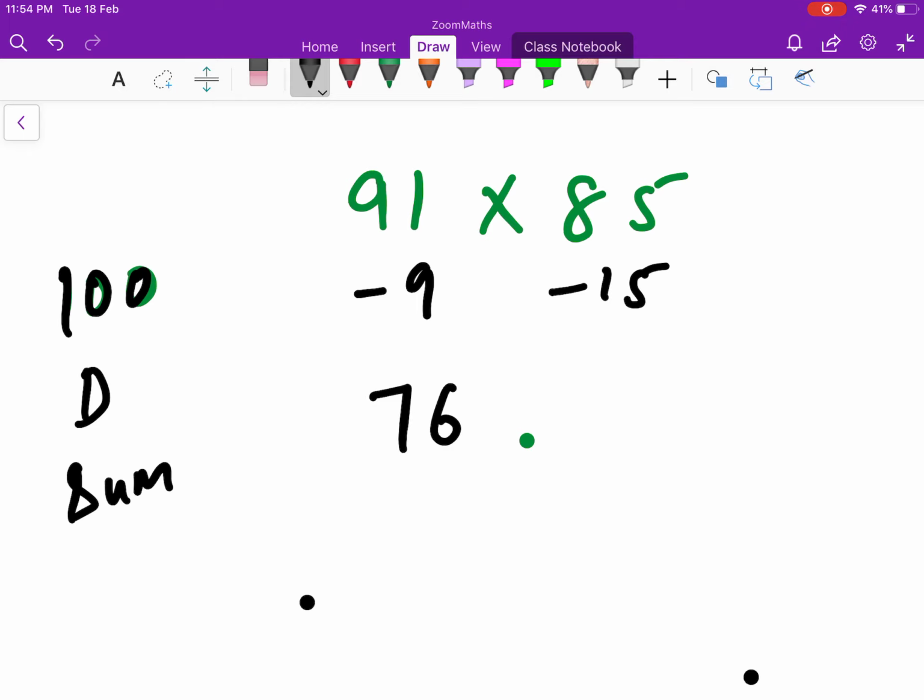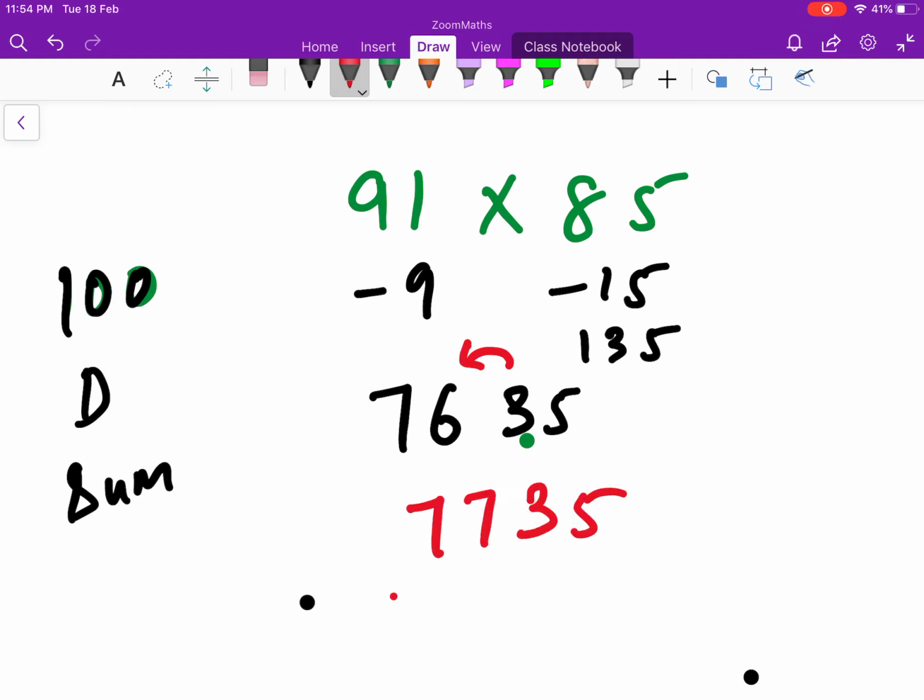Product of 9 into 15 is nothing but 135, so you write 135. So this 35 you write over here, and you carry that 1 over here. Answer is 7735. Getting that? That's how you do it.